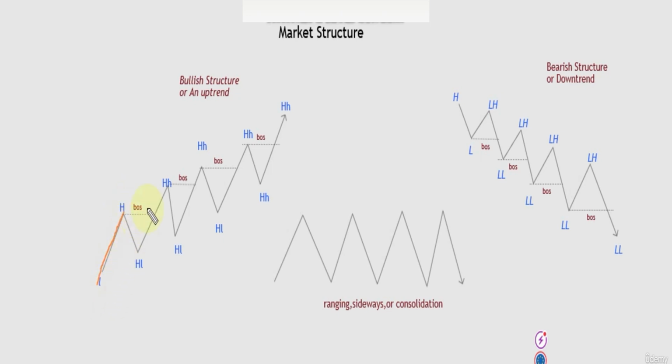Even if it is in an uptrend, it will not just go straight up. It will go up for a little while, probably lose strength or lose fuel, and then it will come back down, pull back for a while, and then go back up again to continue its uptrend.